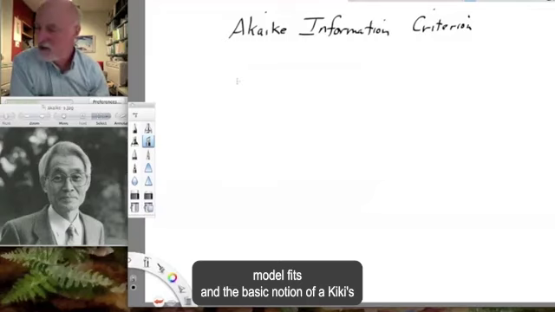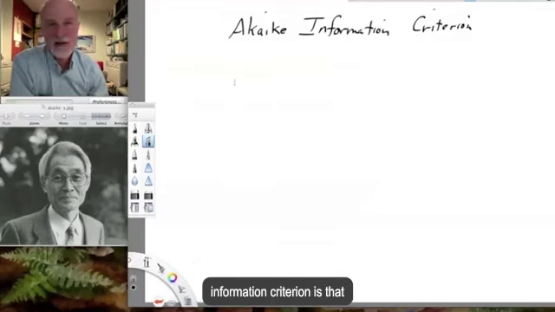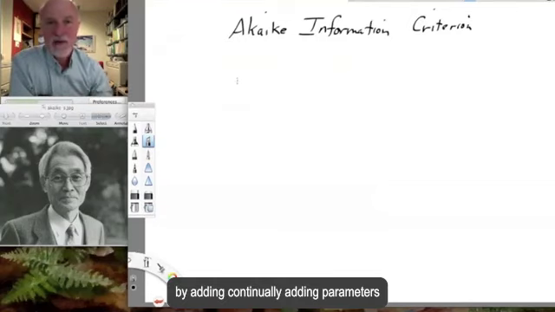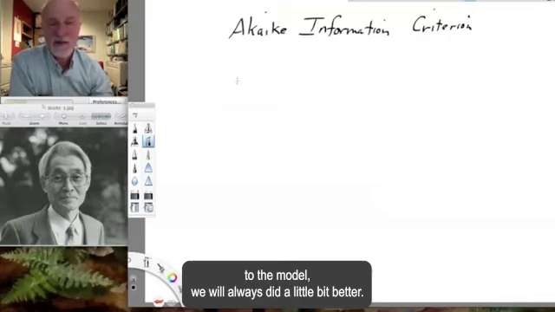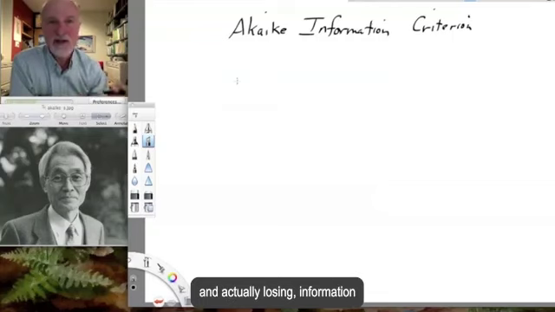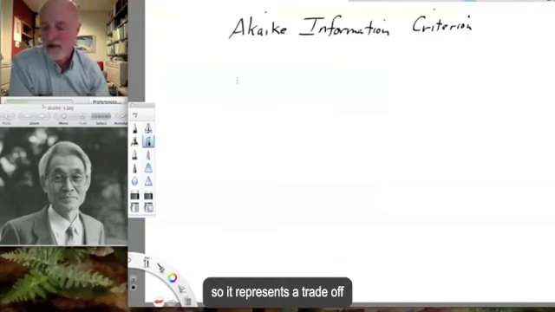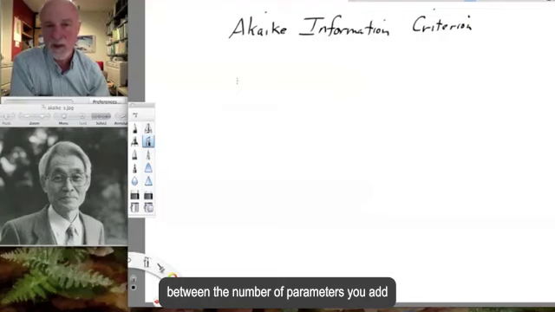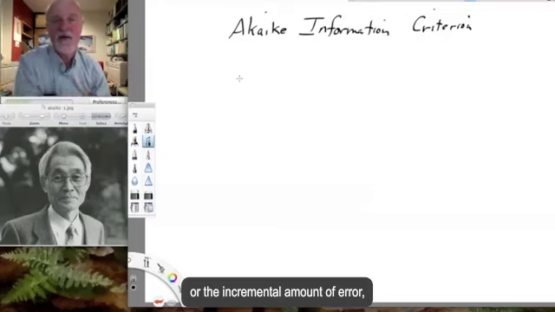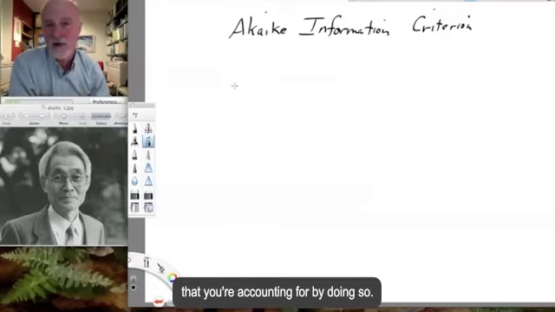The basic notion of Akaike's information criterion is that by continually adding parameters to the model, we will always fit a little bit better, but we are also trading off against overfitting and actually losing information about the real underlying pattern. So it represents a trade-off between the number of parameters you add and the incremental amount of error that you're accounting for by doing so.